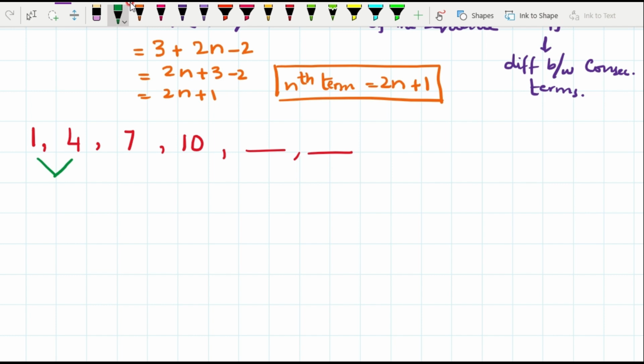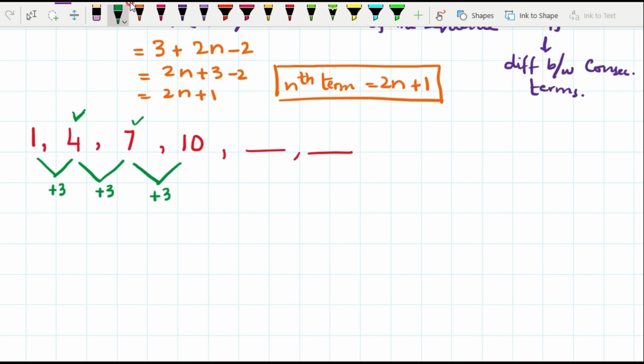By adding 3 to 1, we are getting the second term. Okay, and what about the next one? By adding 3 to the second term, which is 4, we are getting the third term, which is 7. It means we came to know the common difference is 3.